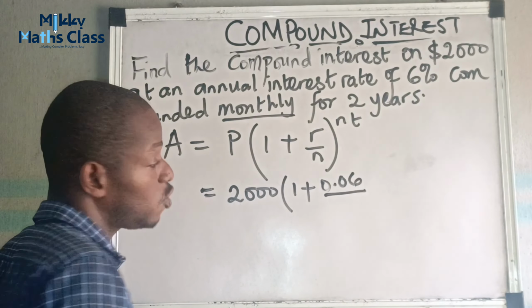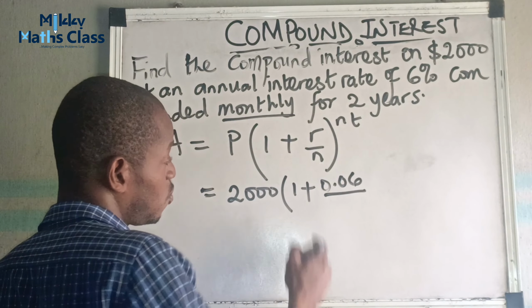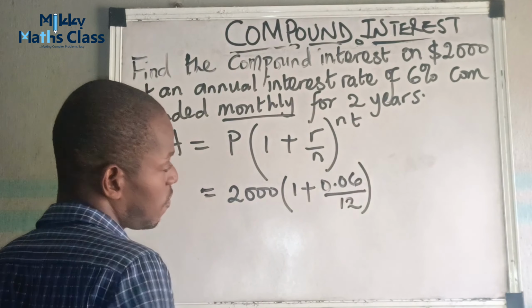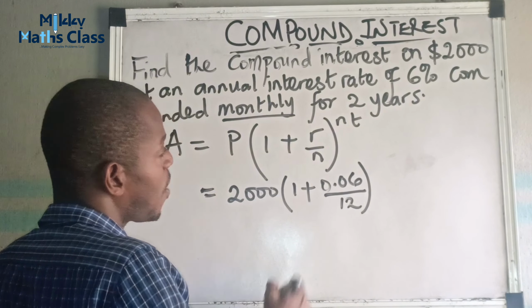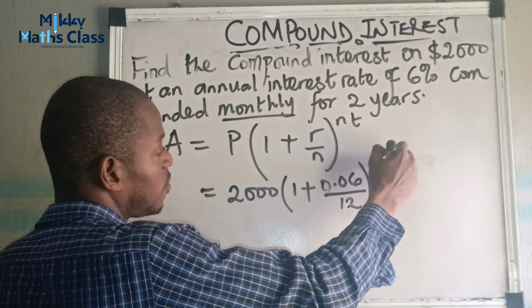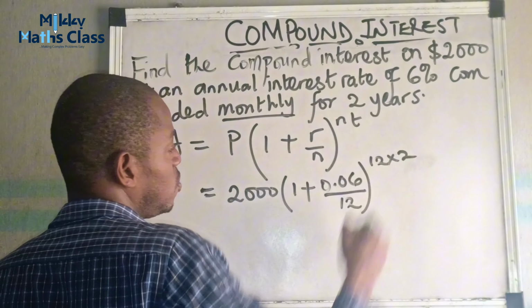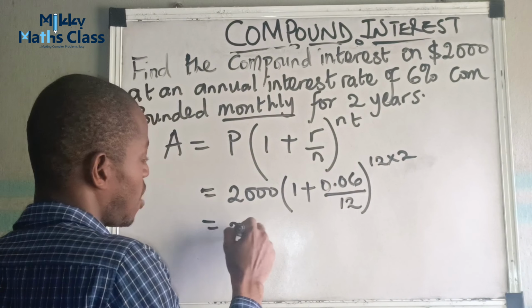Now how many months do you have in a year? That's 12. So our N will be 12. That's divided by 12. Raised to the power of our N is 12 times the time, number of years, which is 2. So this becomes $2,000.